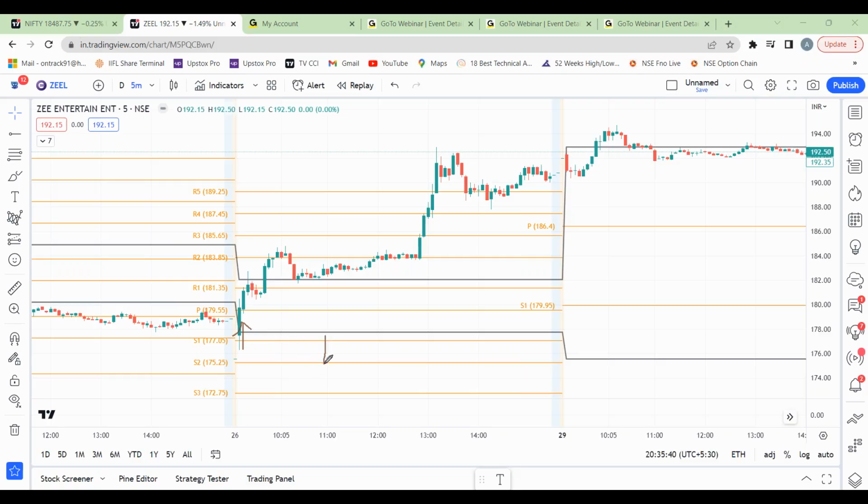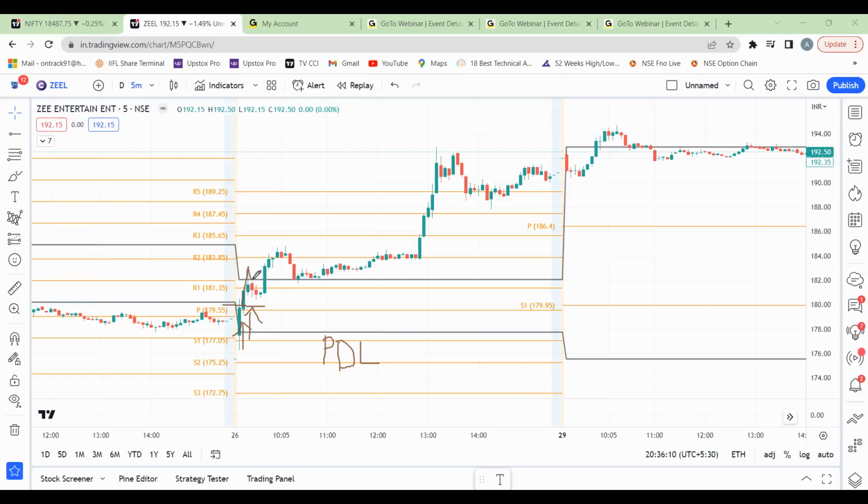Correct? This is the previous day low. Stock started positive. First candle closed above pivots. So when stock trades above pivots and starts going up, the trend of the stock will be positive, and we can look forward to an upside movement in the stock.